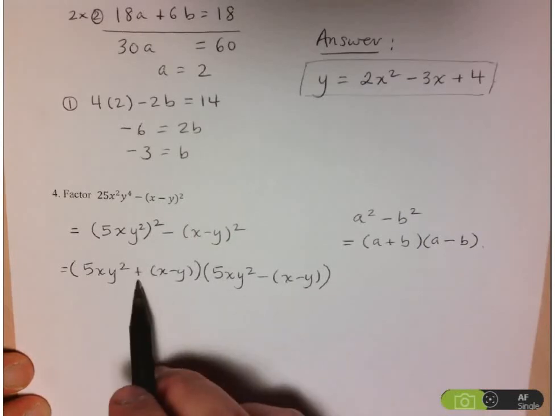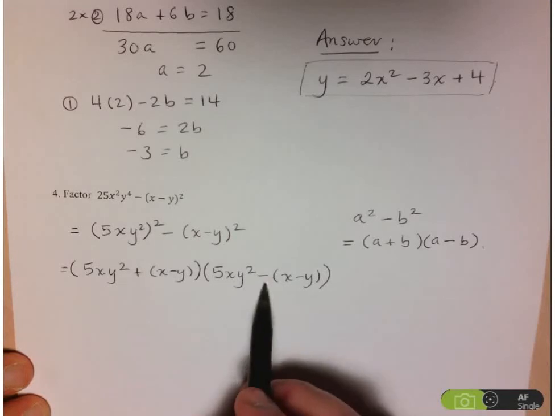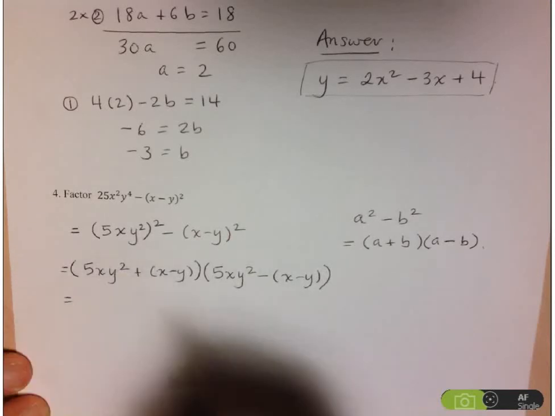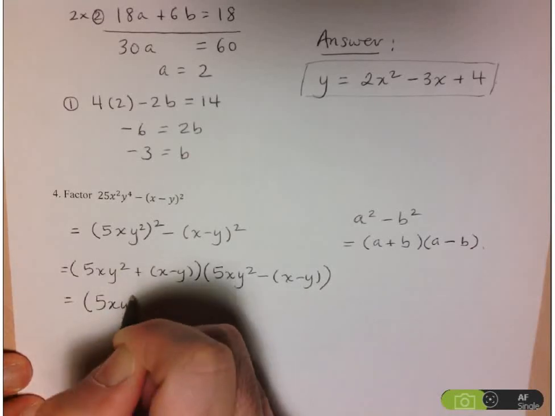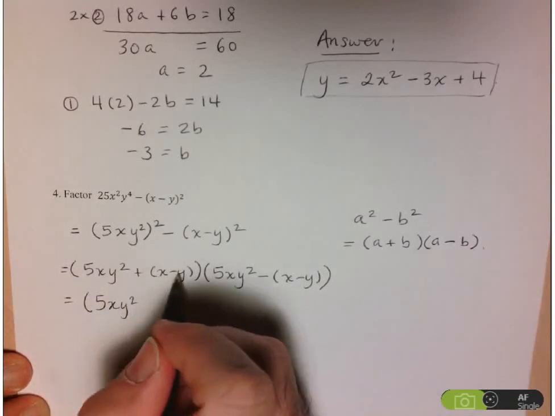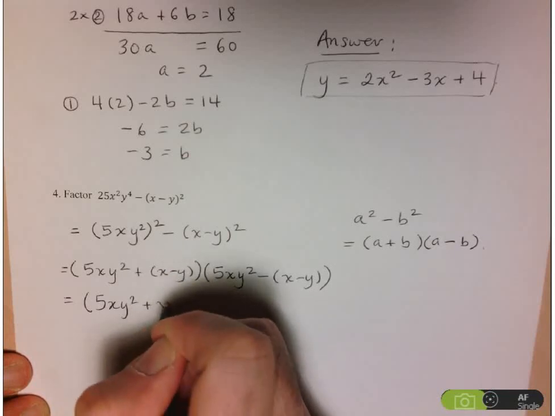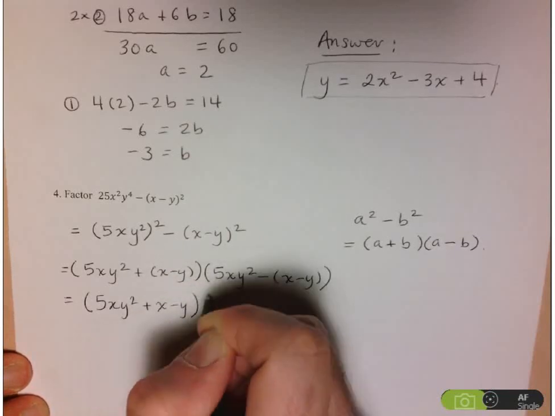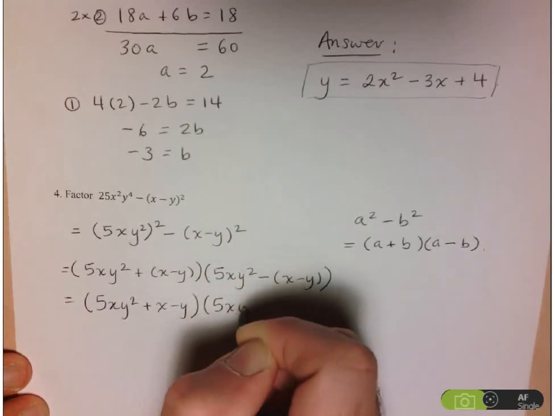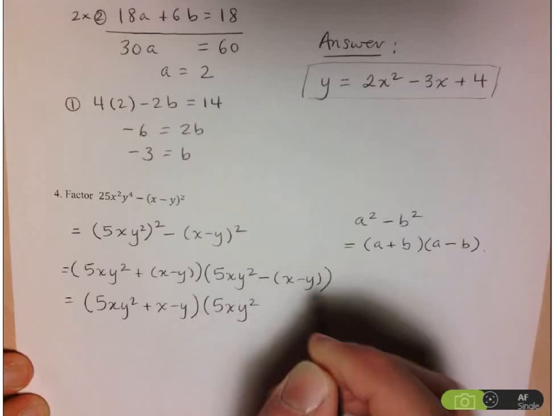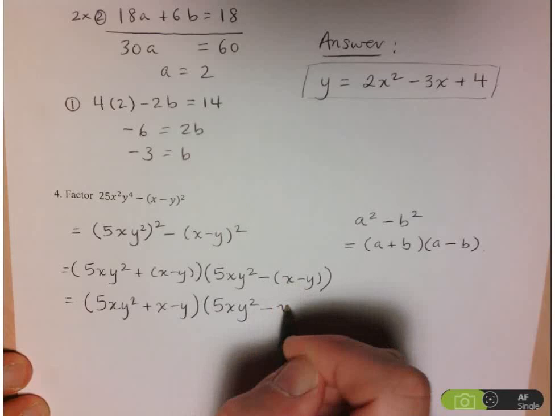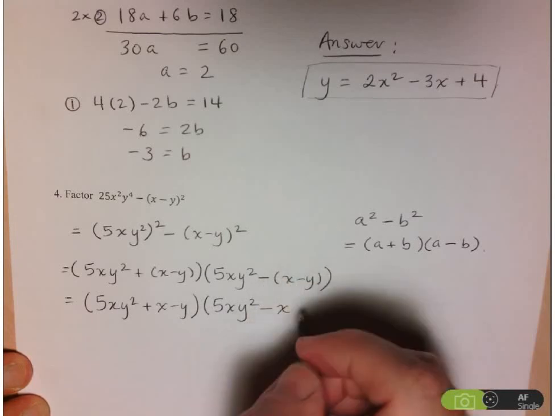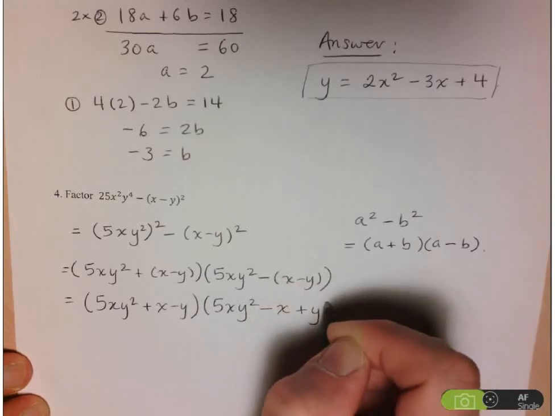It wouldn't have made a difference in this first part, but in this second part it definitely will make a difference. So I would expect you to simplify here. So here we've got 5xy squared, and the addition won't change anything in the bracket, so just plus x minus y. And here 5xy squared, and here it will change what's in the bracket. This is going to become minus x, and then negative 1 times negative 1 plus y.